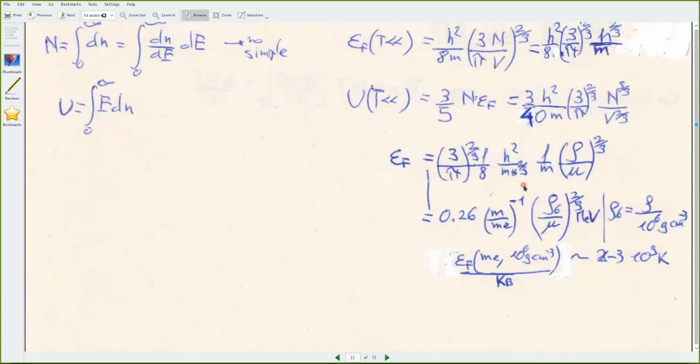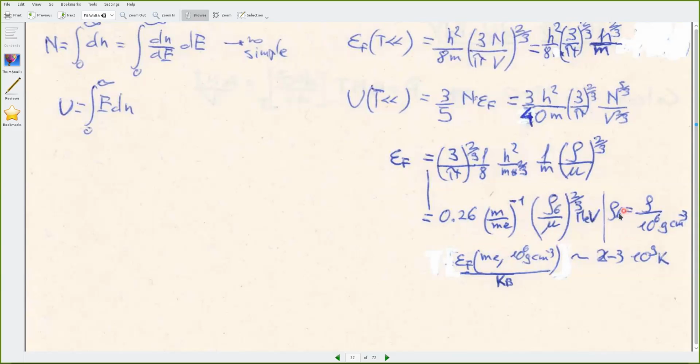The mass here, we are just putting m as the mass of the particle, not putting electrons, just the typical one. And this energy is proportional to the inverse of the mass of the object. If you consider this in units of electron mass, it depends on the density.